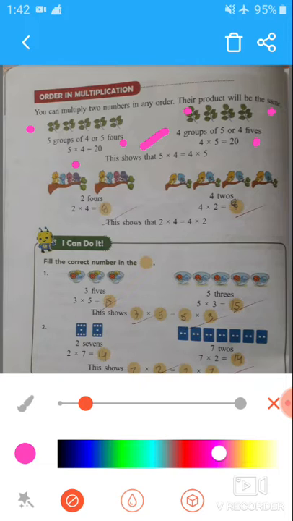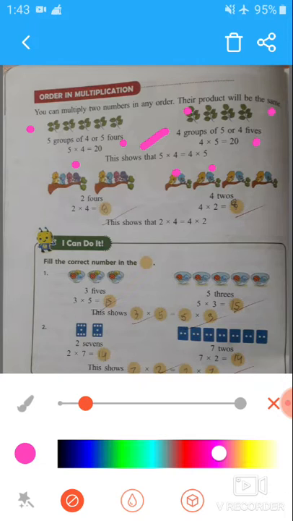This shows that 5 multiplied by 4 is equal to 4 multiplied by 5, because the answer of both is 20.